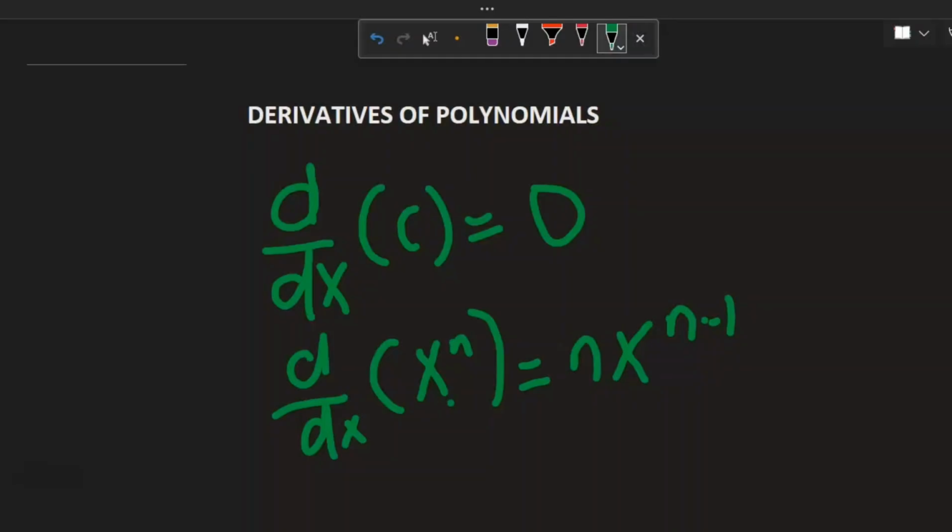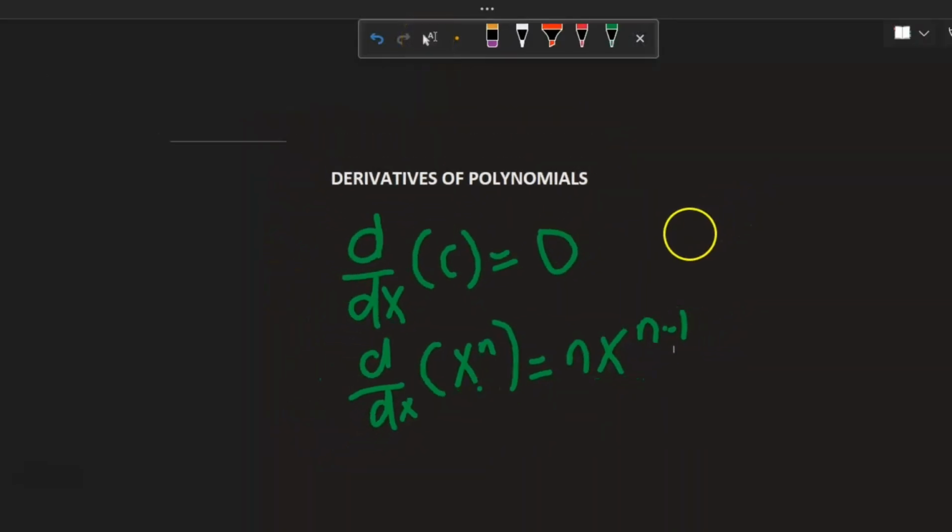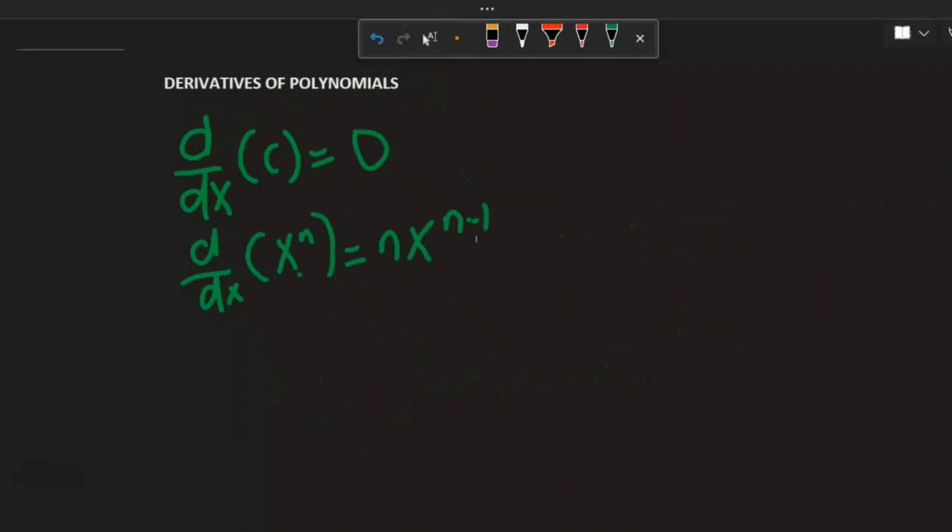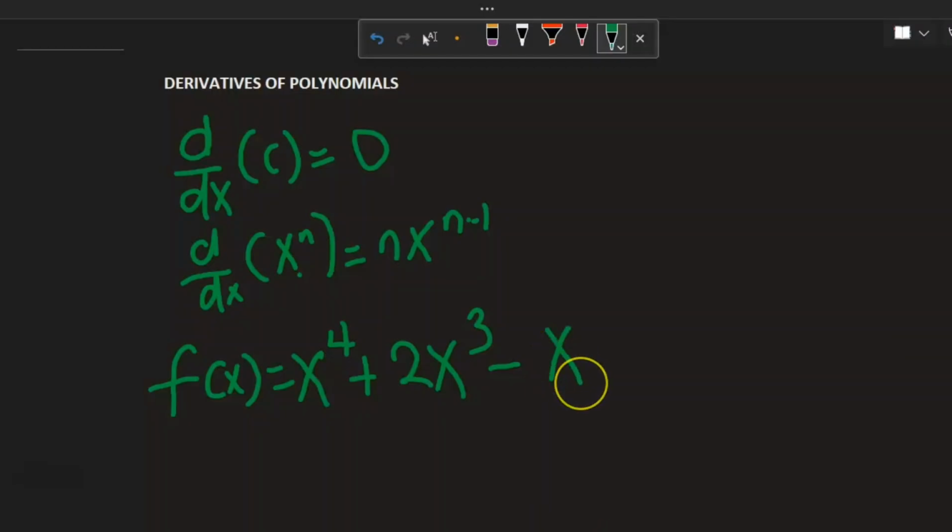Now, let's take a look at an example to buttress this. If you have f of x equals x raised to power 4 plus 2x raised to power 3 minus x raised to power 2 plus 4.